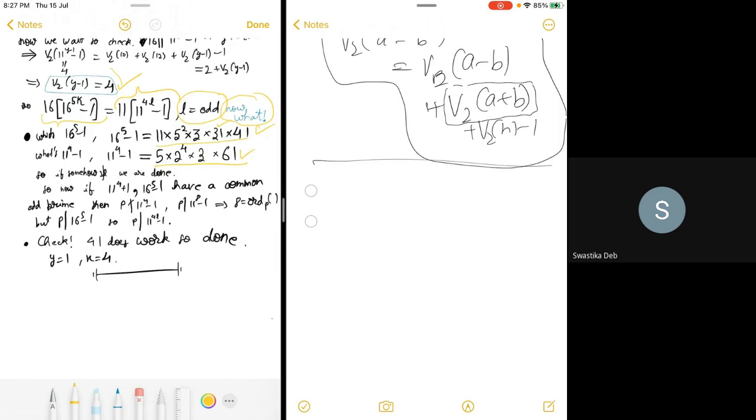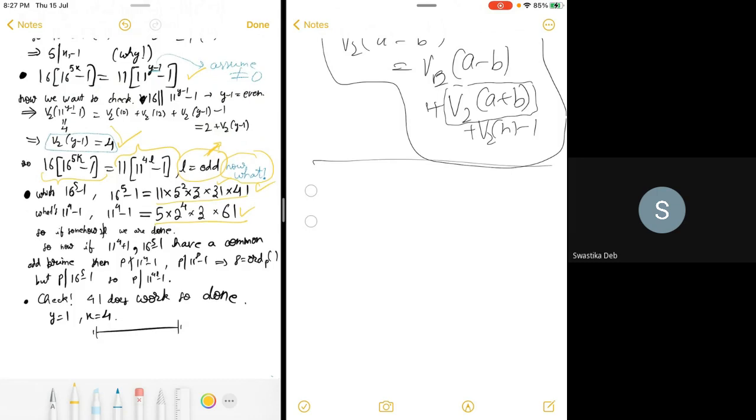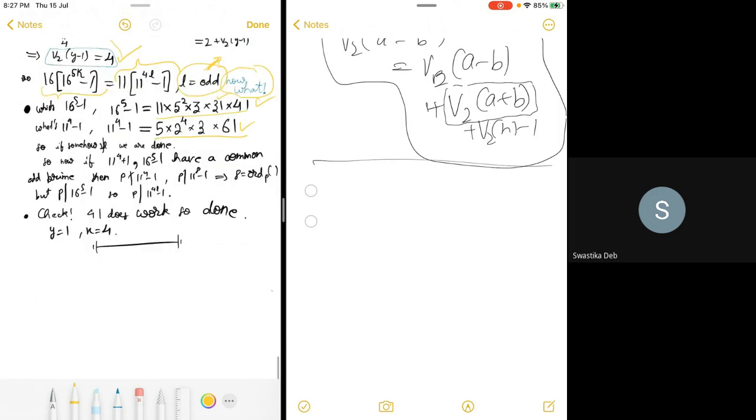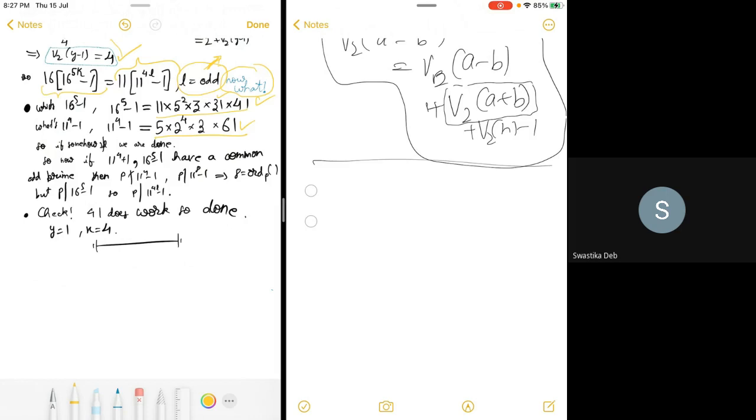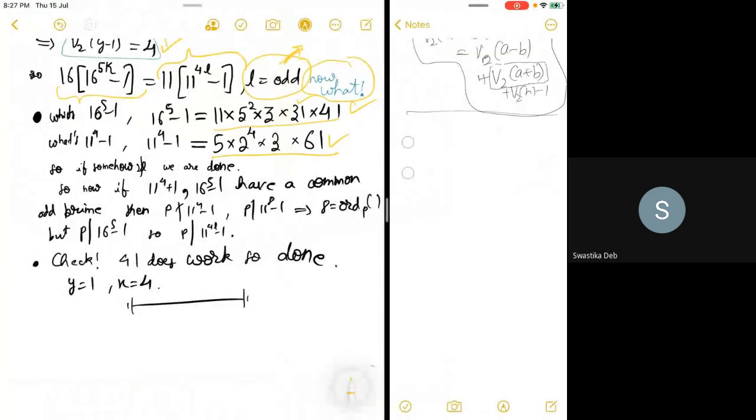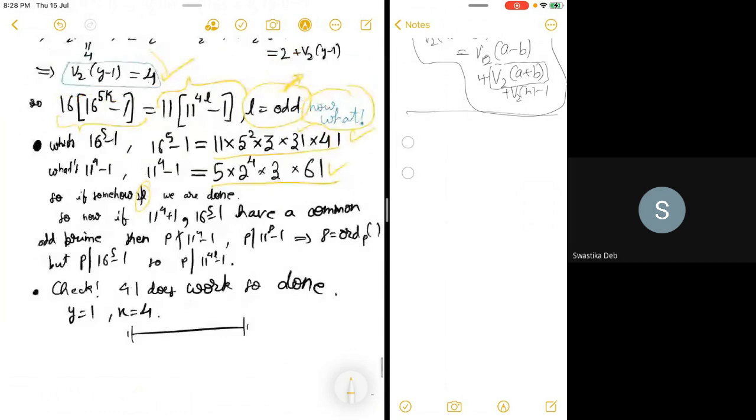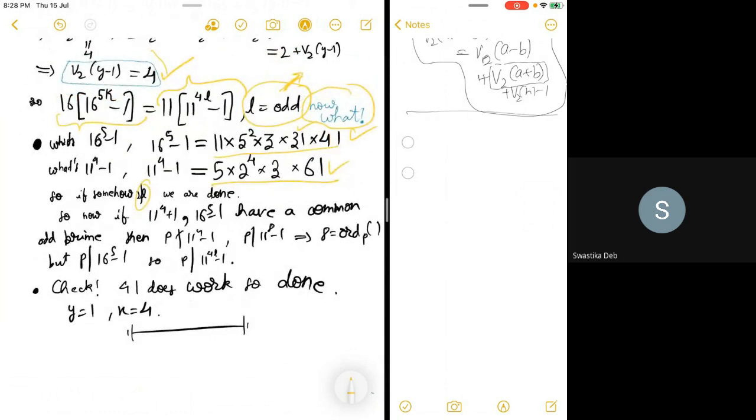Now we also know L is odd, and we have to use this because this is crucial, which is what we gained from comparing the V2s. So if somehow we can find a prime P such that P divides 11 to the 4 plus 1, and P also divides 16 to the 5 minus 1.